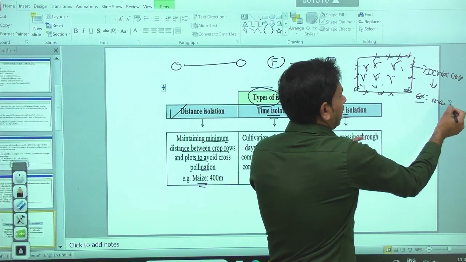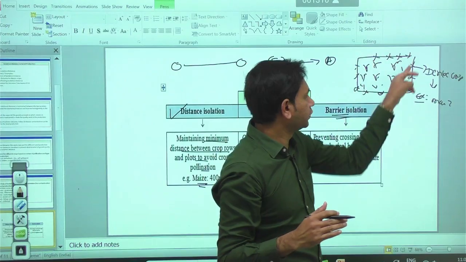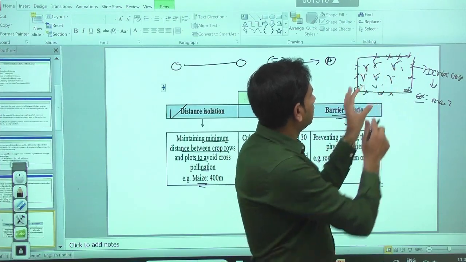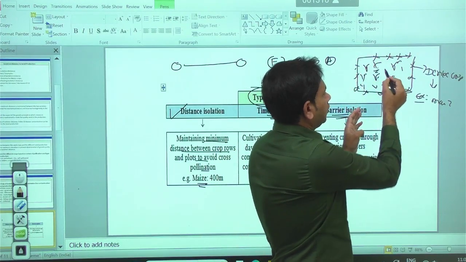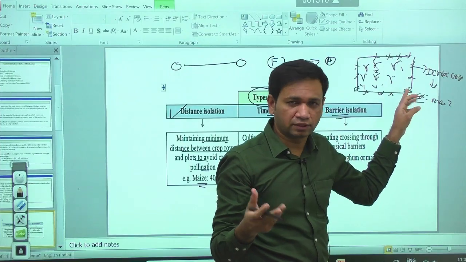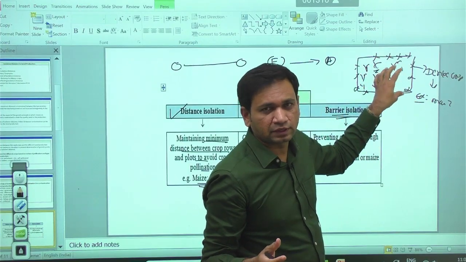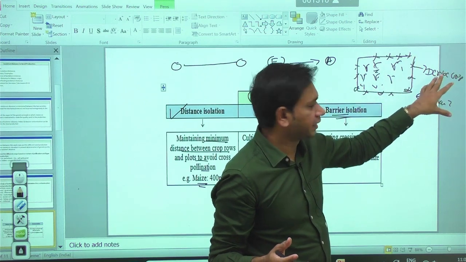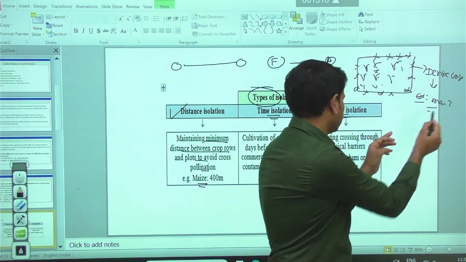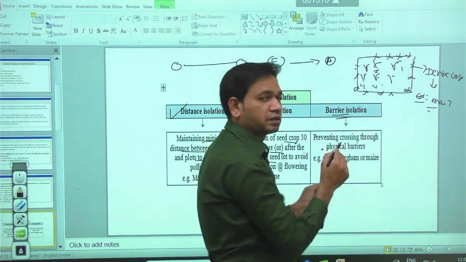The maize will be planted as a barrier crop across the boundary of the farm area, and within the farm area you will be taking some quality seed, like vegetables or whatever it is, like tomato, potato, within the piece of land. Across the boundary, a dense barrier crop will be planted, such as maize. That nature we call barrier isolation.